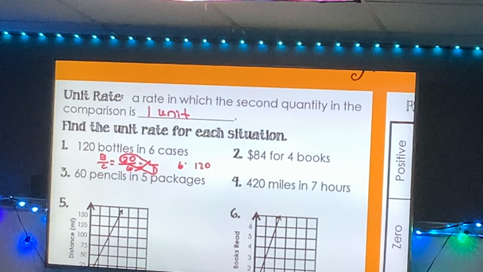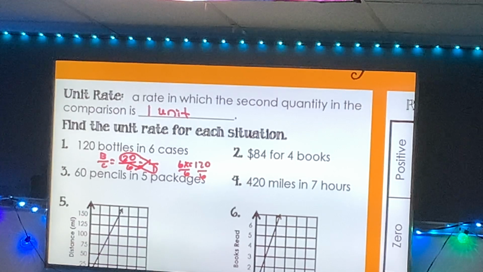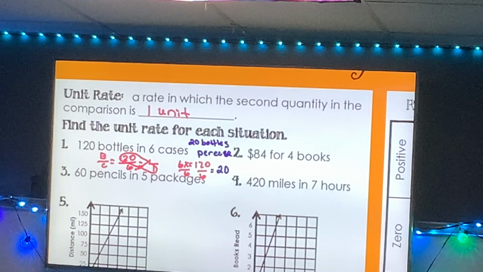Divide by 6. And how many? 120 divided by 6 is? You've got a calculator if you need it. It is 20. So it is 20 bottles per case.